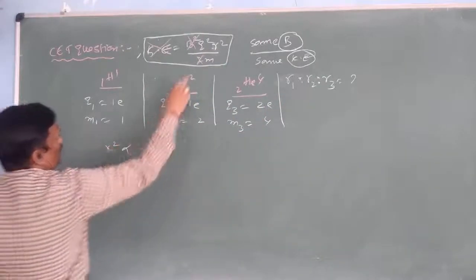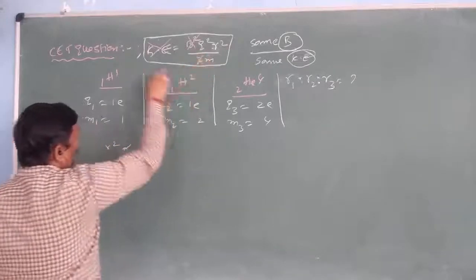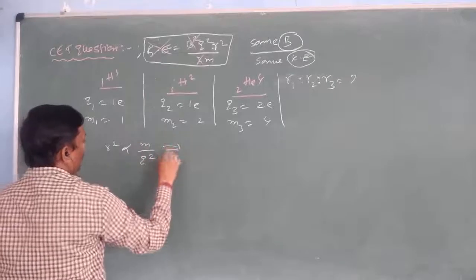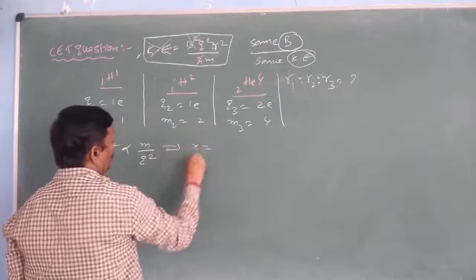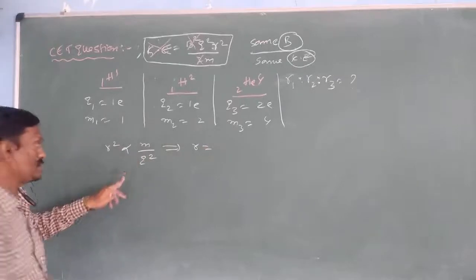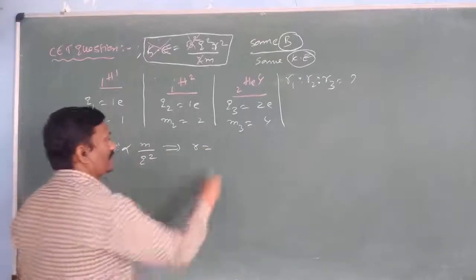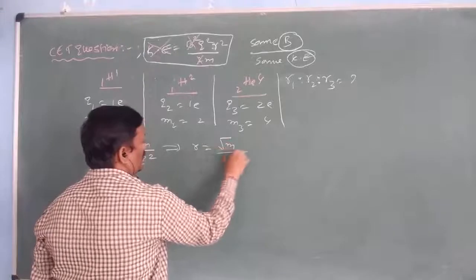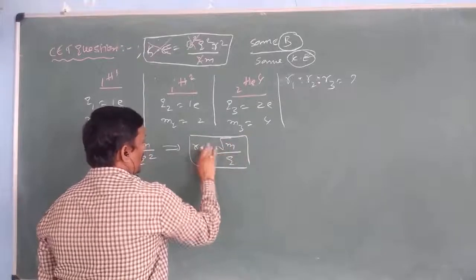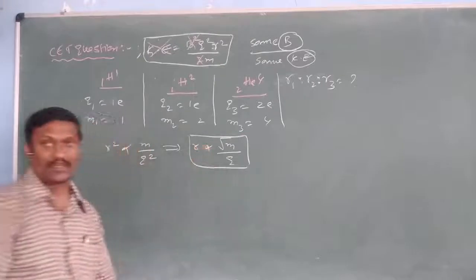So r square is proportional to m by q square. R is equal to the square root of m by q square, or root m by the square root of q square, which is q. So radius is proportional to root m by q.